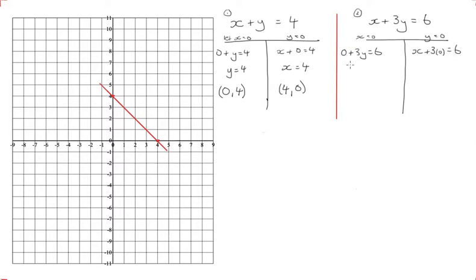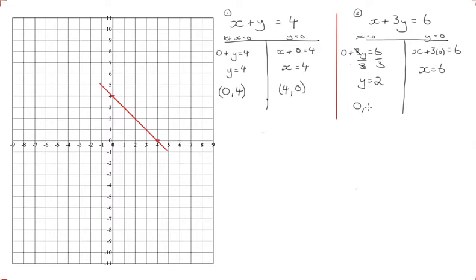So the 0 means nothing, so 3y equals 6. To get rid of this 3, I have to divide both sides by 3. They cancel, so you're left with y equals 6 divided by 3, which is 2. And over here, 3 times 0 is 0, so you're left with x equals 6.